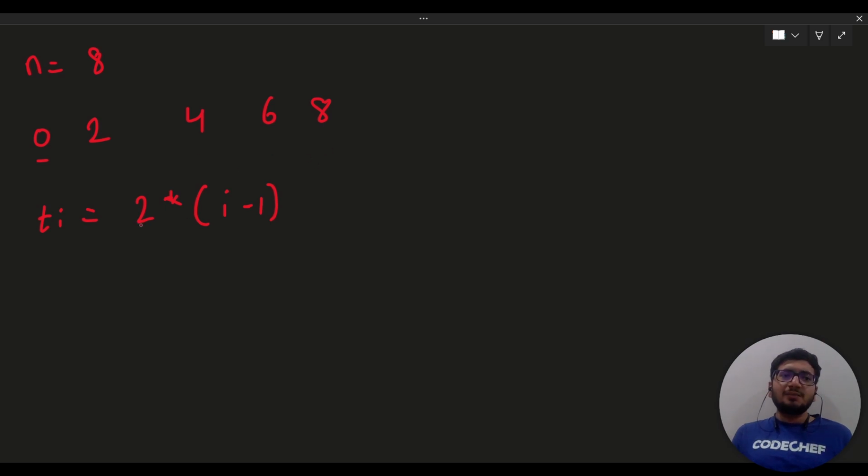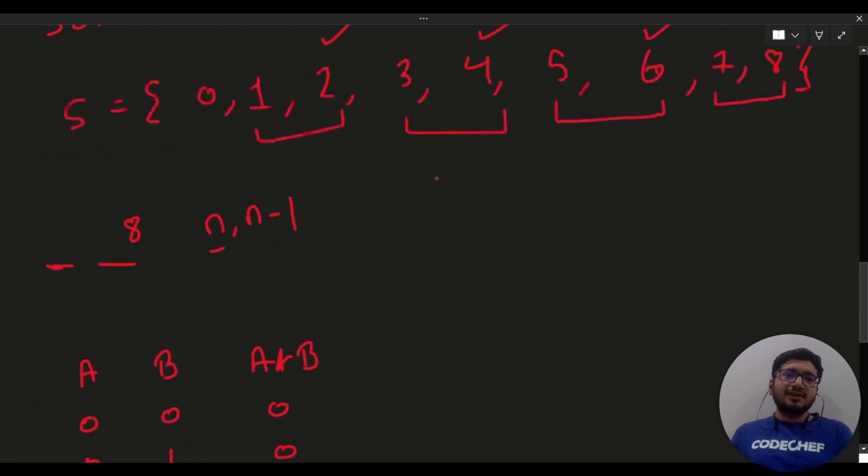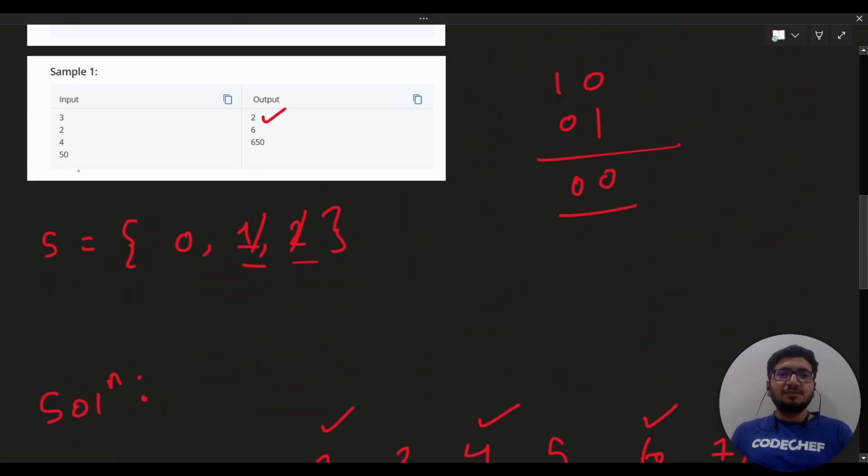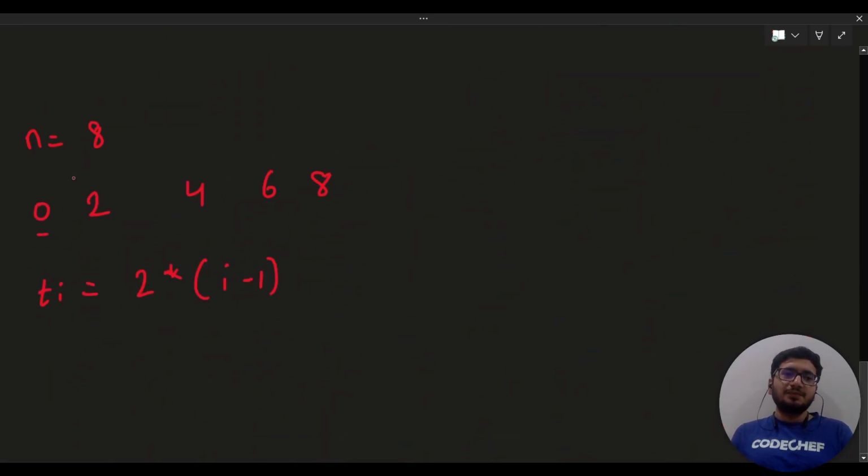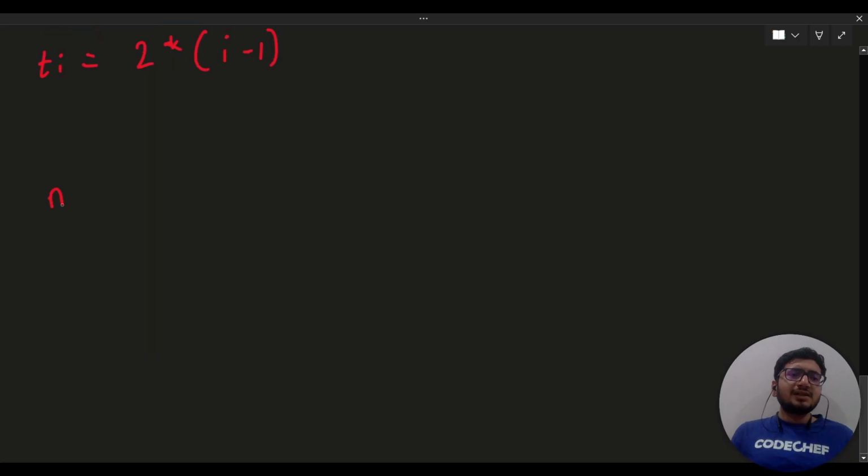You get the idea. So now let's take another example that we have in a sample input, that is n is equal to 50. So let's say my n is 50 and I have to find out how many even terms there are. So let's say in this ith term we replace the value.